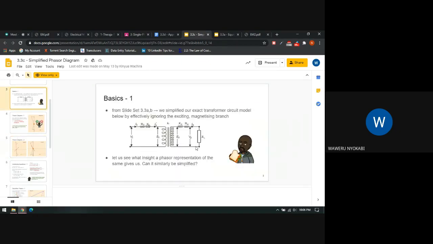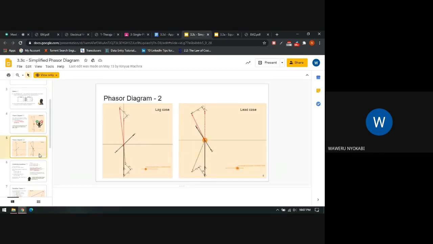So you remember now we have our simplified transformer diagram here. So this is the phasor diagram when we've simplified the equivalent circuit.